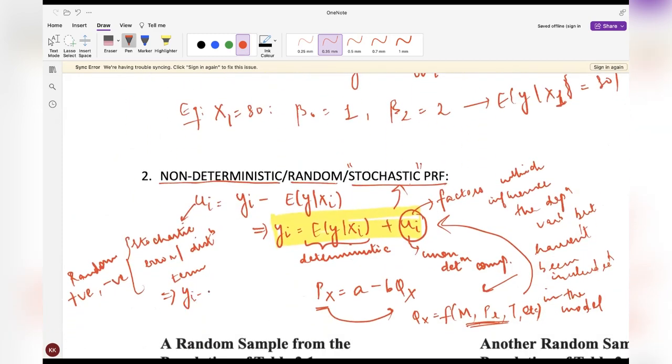So we can write this as beta naught plus beta 1 xi plus ui. So this is our non-deterministic or random or stochastic PRF, right?